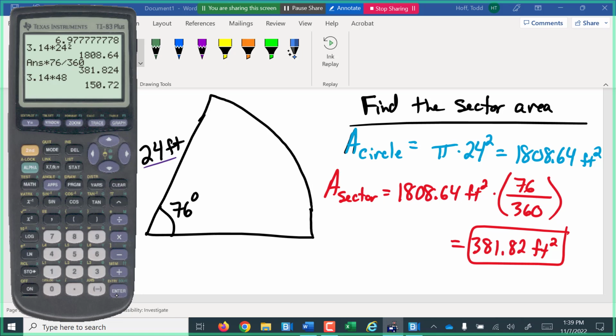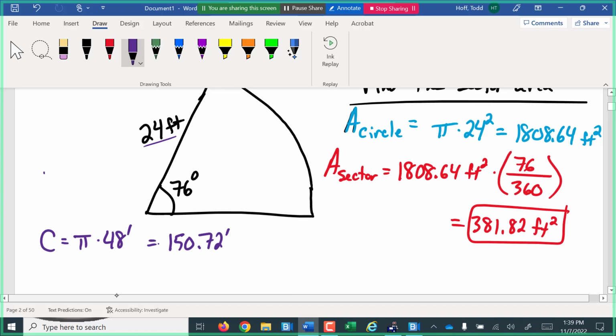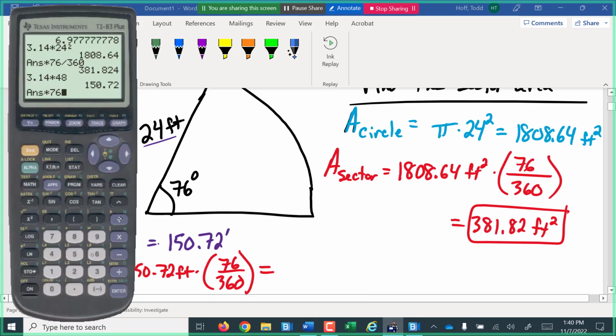So 150.72 feet. So then to find the arc length, we take that 150.72 feet and we multiply by what? 76 over 360. Good. So that gives us 31.82 feet.